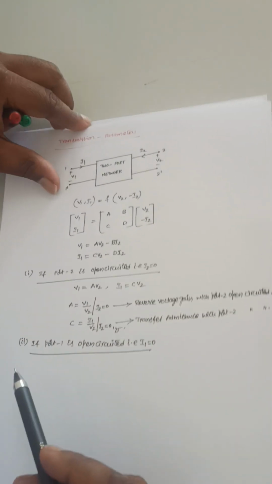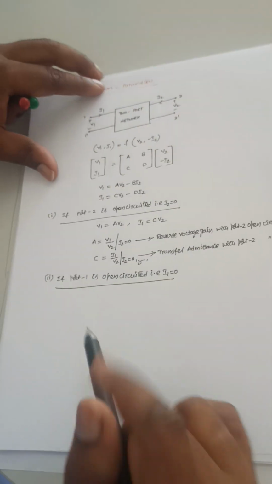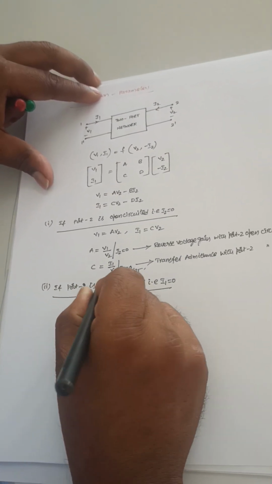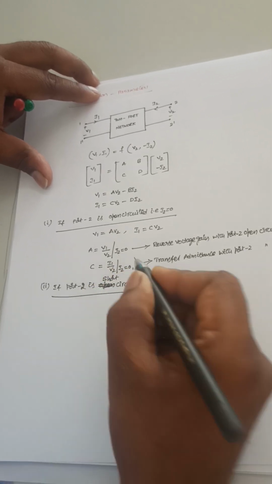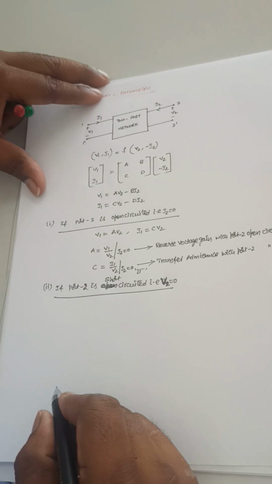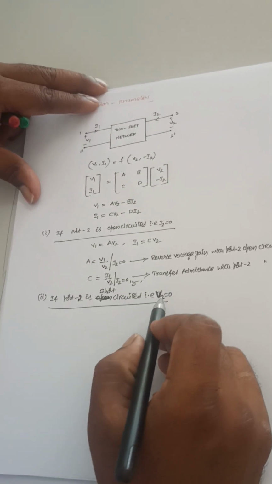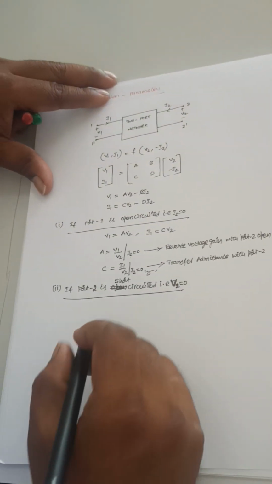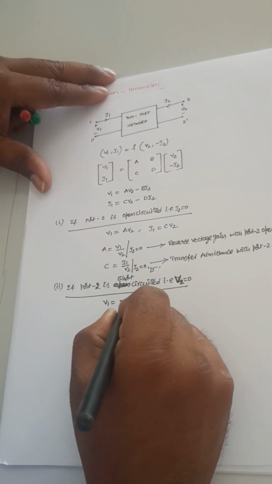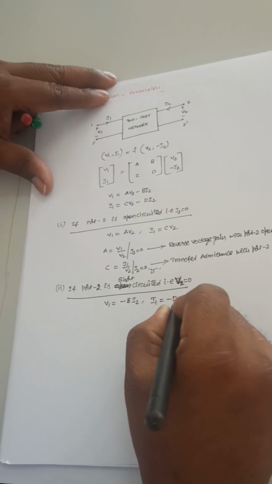V2 equal to 0 means I need to short circuit the second port. So here, if port 2 is short circuited, that is V2 is equal to 0. If I substitute V2 equal to 0 in these equations, then I will get V1 is equal to minus BI2 and I1 is equal to minus DI2.